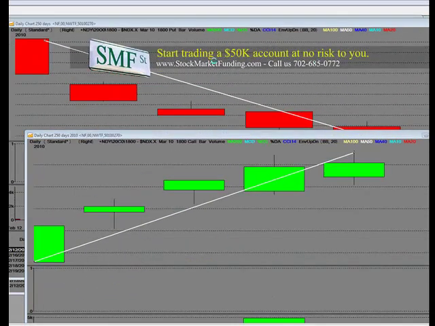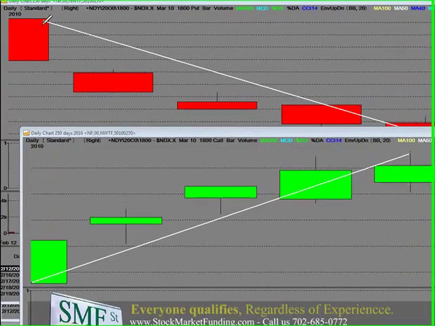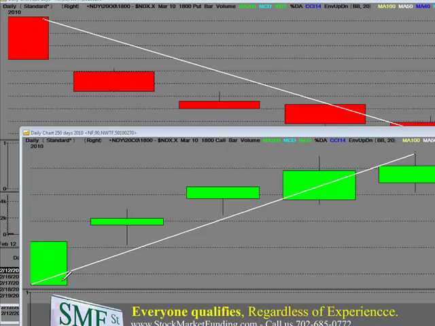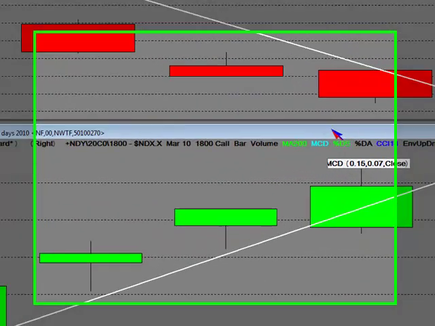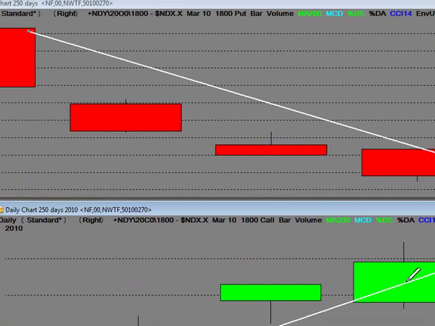Come to stockmarketfunding.com and get control of your trading career. So basically, that's inflated, this is deflated. And the same scenario works on even call strike prices on stocks. It don't matter. And other indexes.